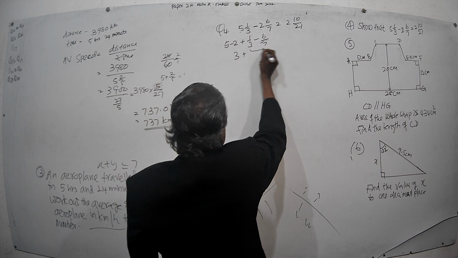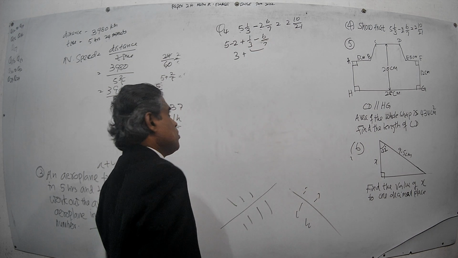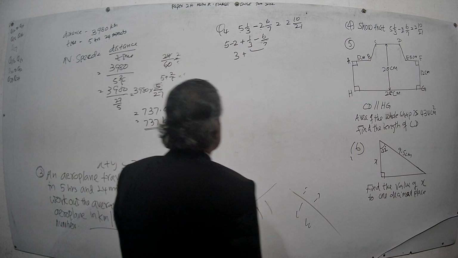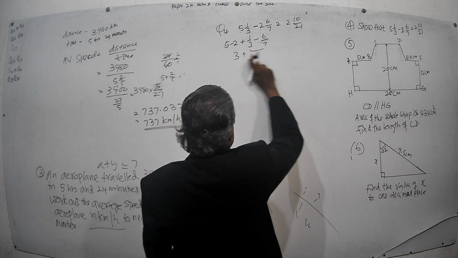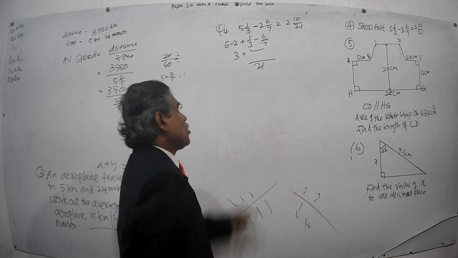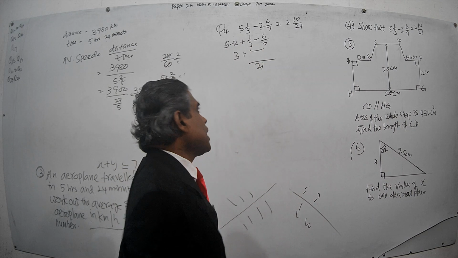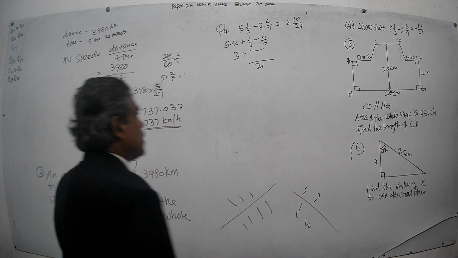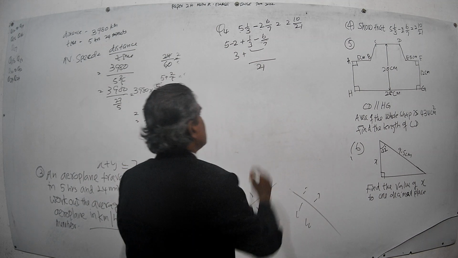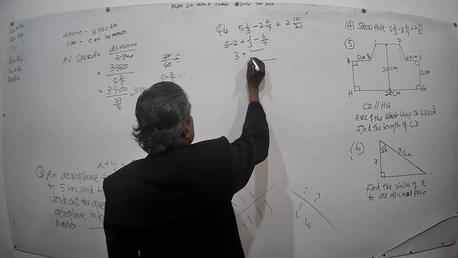Then 5 minus 2 is 3, then plus. Here we have to find the LCM, as the denominators are not the same. A common denominator has to be found. The common denominator is the LCM of the denominators. What is the LCM of 3 and 7? That is 21. No problem, because both are prime numbers, so you can just multiply them. Then the common denominator is 21. 3 times 7 is 21, and 7 times 1 is 7.